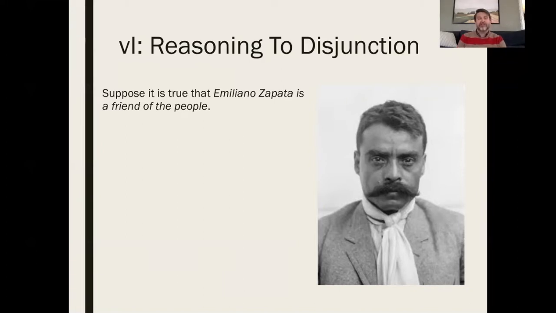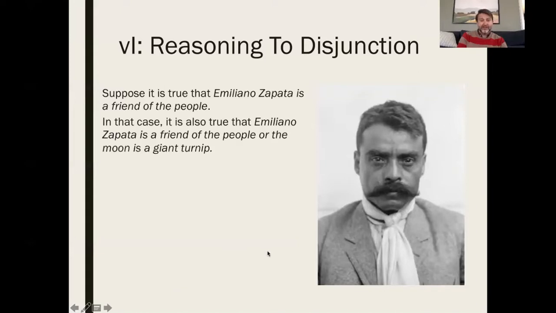If it has more than one, they may both be true, but they needn't be; one is enough. So if it is true that Emiliano Zapata is a friend of the people, then it is also true that Emiliano Zapata is a friend of the people, or that the moon is a giant turnip. A disjunctive statement, again, is true if any one of its disjuncts is true.